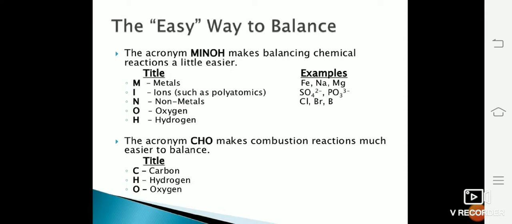Then try to balance the ions on both the sides. Then non-metals, and then oxygen, and at the end try to balance hydrogen. If you follow the steps, it would be systematic and will become much easier for you to balance a chemical equation.